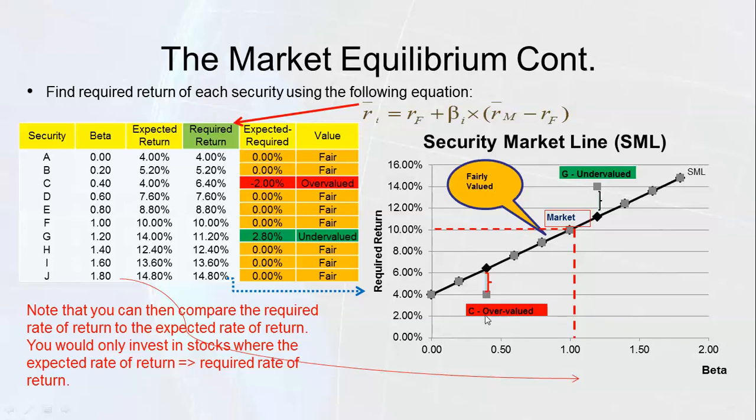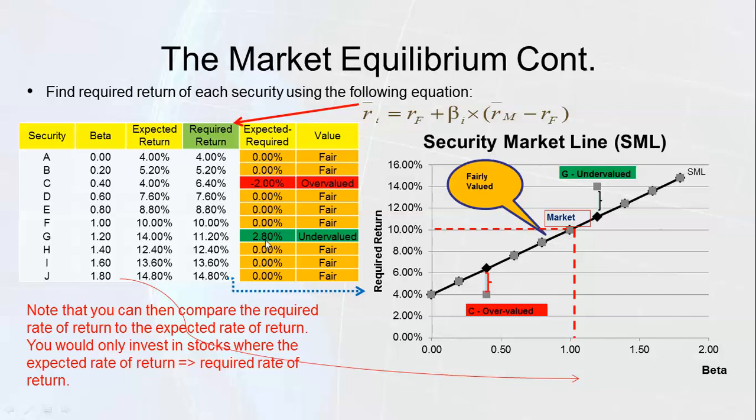Therefore this is an overvalued security. Let's talk about the return and then go back to price. If you pay too much, then your return is going to be smaller, right? So here you pay too much price, therefore the return is less than your required rate of return.